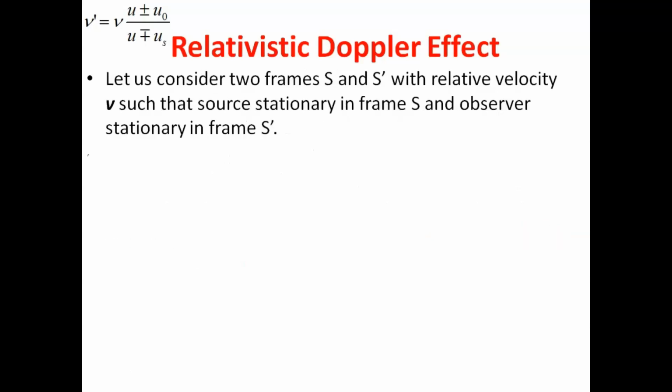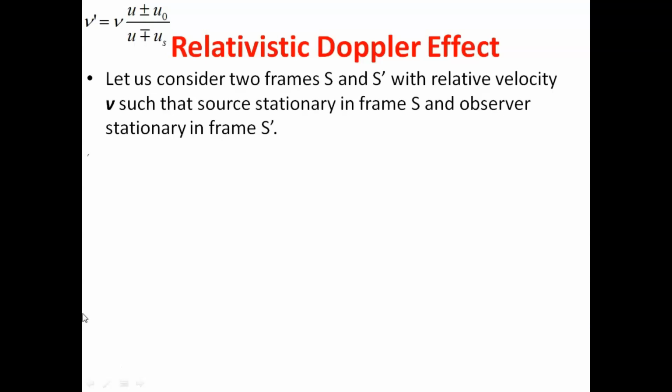Let us consider two frames S and S dash as usual with relative velocity v. Here bold letter V is charting velocity between two frames. The source is stationary in frame S and the observer is stationary in frame S dash.